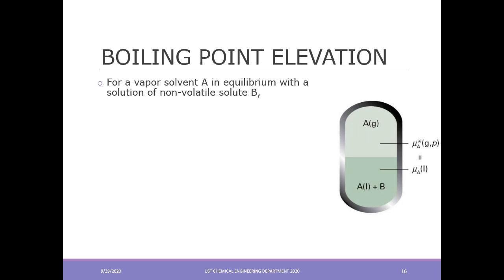Therefore, the chemical potential of solvent A in the vapor is the same as that in the liquid phase. Writing that in equation form, we get this. Note from our previous lecture that the liquid chemical potential of a substance in a binary solution is equal to the chemical potential of the pure substance plus RT times ln of its mole fraction.